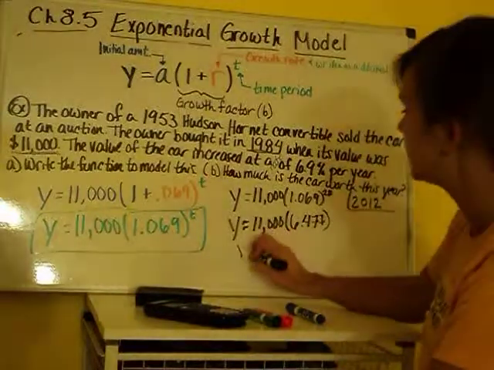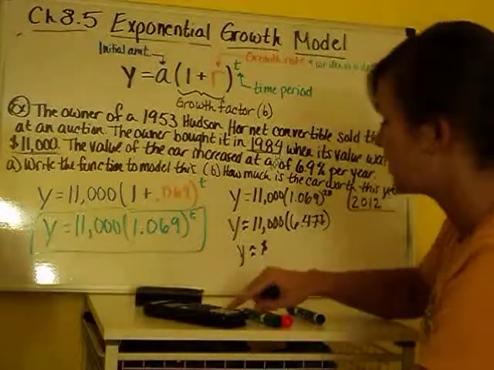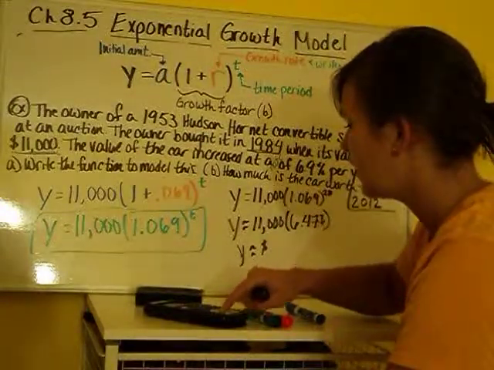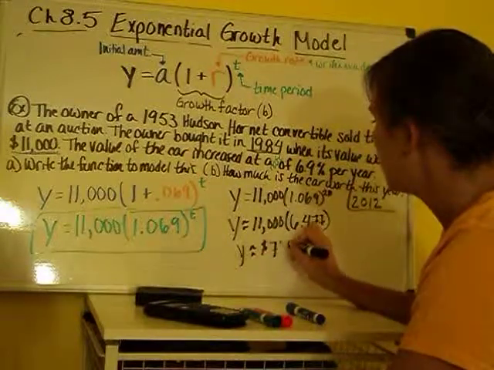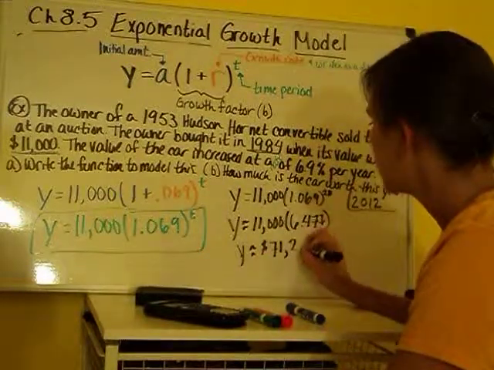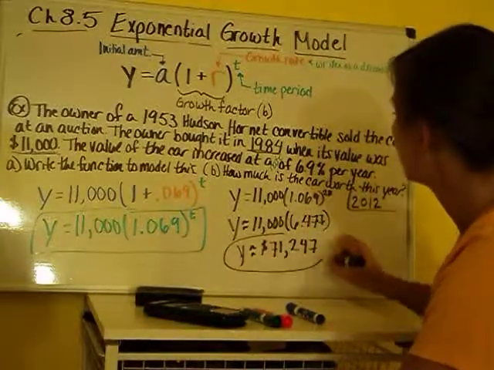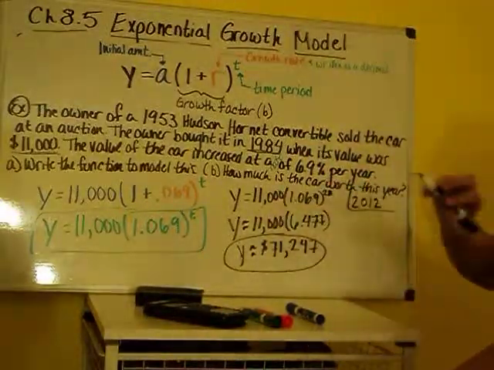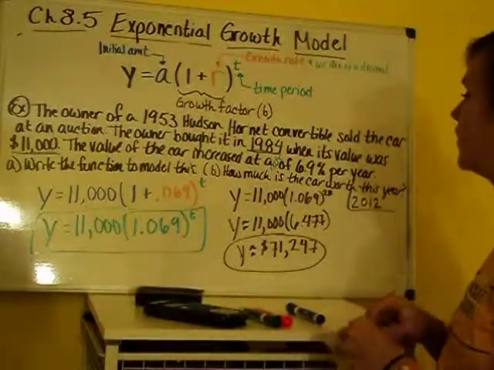Okay, which means that our car is going to be about 6.477 times 11,000, 71,247. Okay? So you just find t and then plug and chug. End of story. Okay?